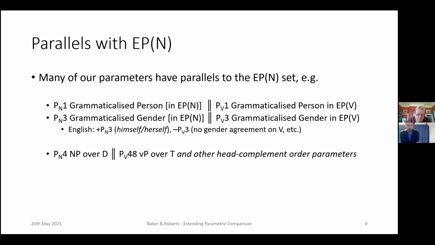So contrasting languages like English from languages like Basque. The obvious parallel here is in the various head complement relations that we see within the clause. Maybe the closest parallel is little VP over T, but we've also got various other head complement order parameters there as well. So TP over C, and so forth, object over verb.